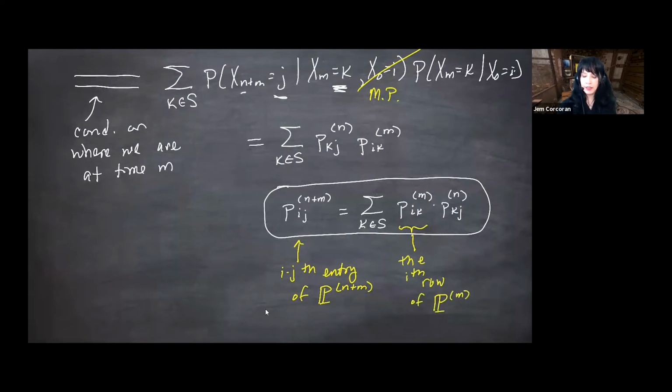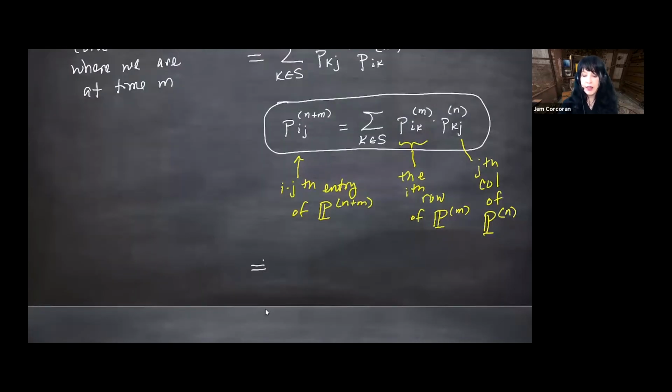And then finally, the jth column of the n step matrix. So we're multiplying everything across the ith row component-wise with everything down the jth column and summing. That's matrix multiplication. That's proof right there, so this implies that the n plus m step transition probability matrix is the product of the two matrices, the m step one and the n step one.